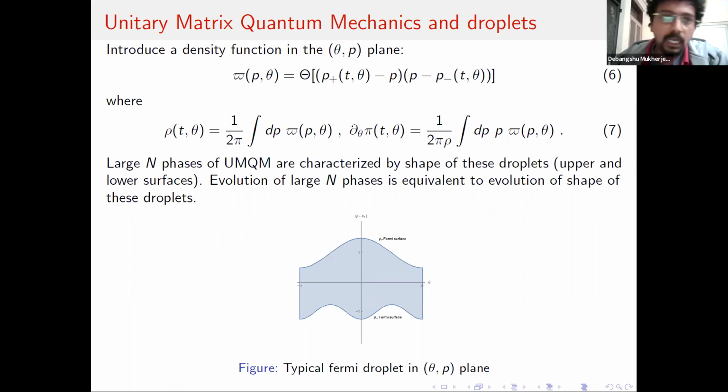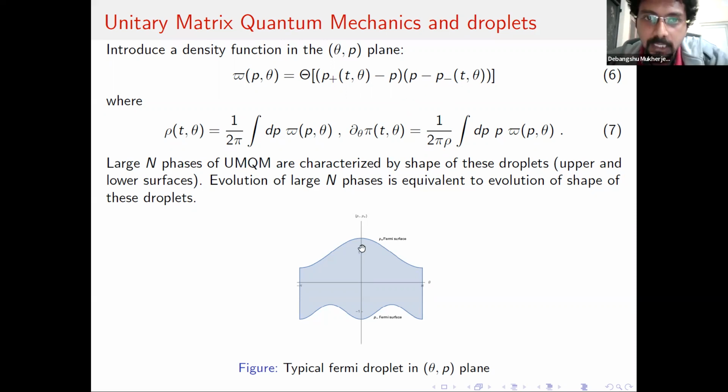Now we look at the phase space, the p theta plane. Here p is my auxiliary variable, and I introduce a density function that has support provided p is bounded between p plus and p minus. This is where I put my boundary conditions in the equations of motion.